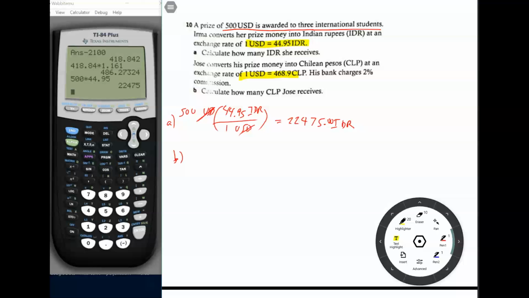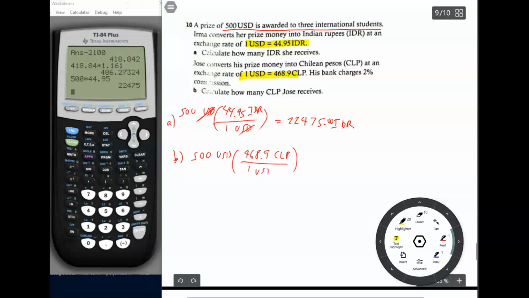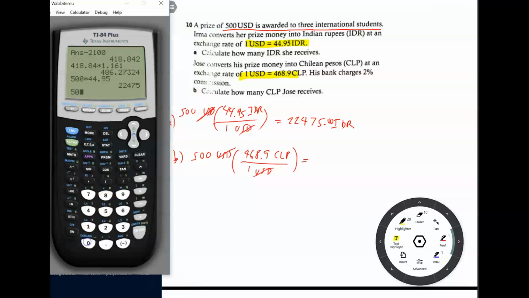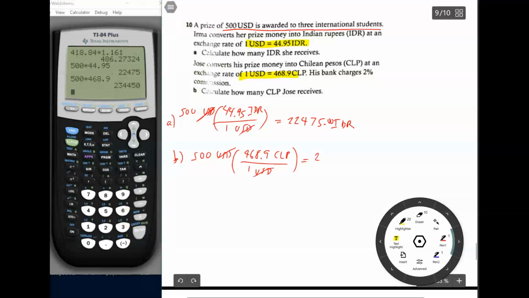So Jose converts his prize money into Chilean pesos at an exchange rate of 468.9 Chilean pesos per $1. So 500 times 468.9 gives me 2,344.50 Chilean pesos.